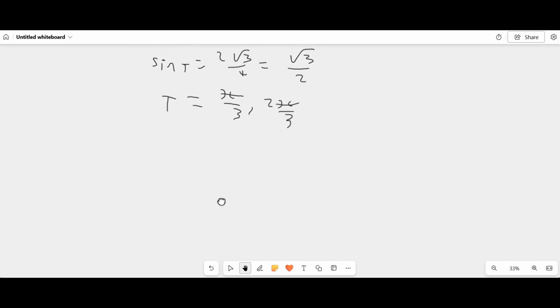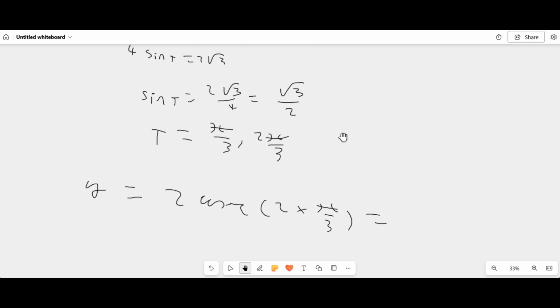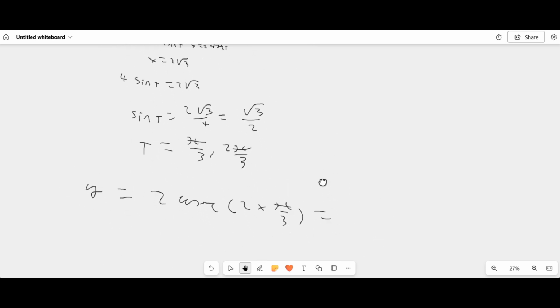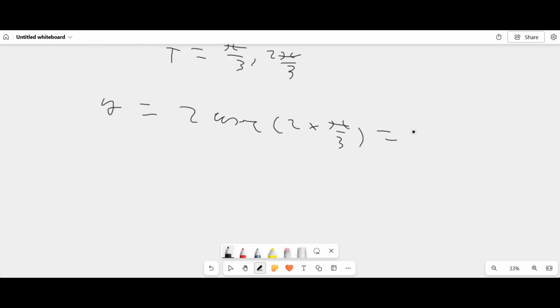And so now what you want to do is obviously find the coordinates for whatever you need to do here. So t is equal to pi over 3, so therefore put that into y. So y is equal to 2 cosec of pi over 3. And that's going to get you 4 root 3 over 3.